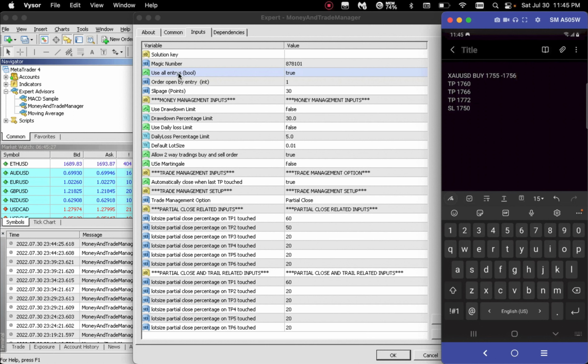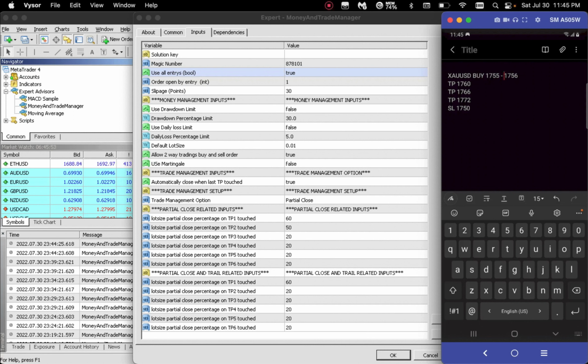If this is set to true, the Expert Advisor will use both. We will open two trades, one with this entry and one with this entry. If it's set to false, the Expert Advisor will only open the trade with the entry 1.